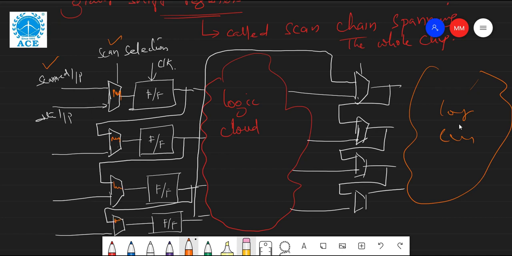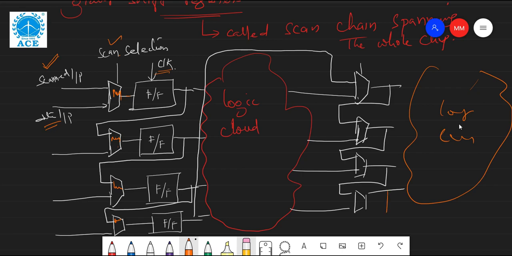If the selection line is selected, then the scan input will be taken; otherwise it will take the data. The flip-flops take the output of the mux, and with the clock they forward whichever data it is, either the scan one or the normal one.